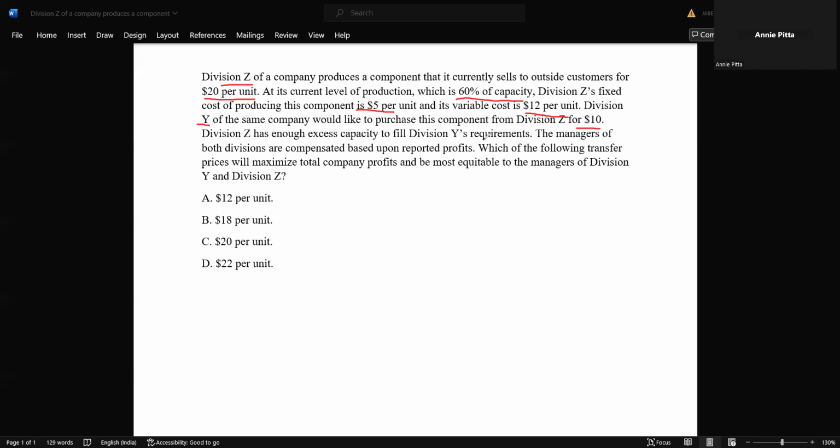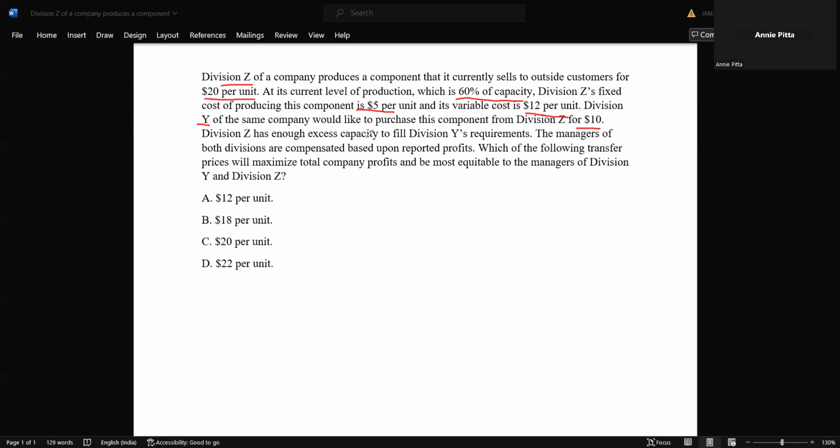If Division Z sells at $20 per unit, it is beneficial for Division Z. If the price is $10, it is beneficial for Division Y. But the question is not about which department would benefit.